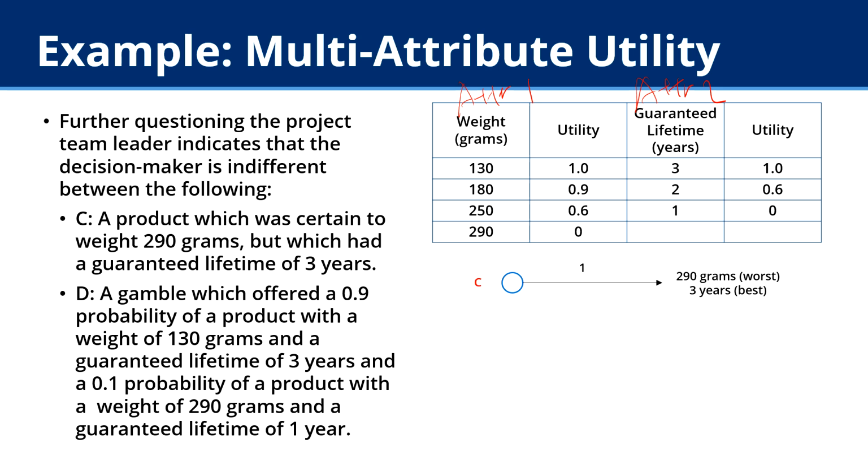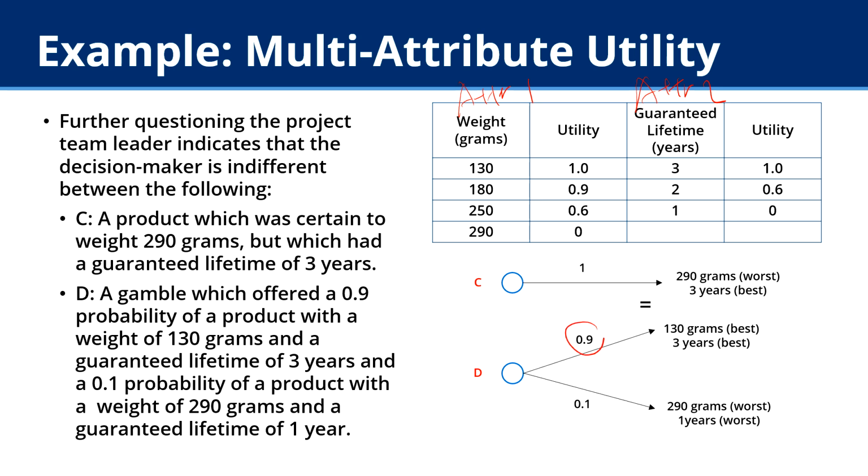Okay, so here's option C, and then this is option D. Based on this, we know that the decision maker's assessment of K2 here is 0.9. Okay, so this must be K2, because they're basically willing to trade off the best guaranteed life year with the worst.